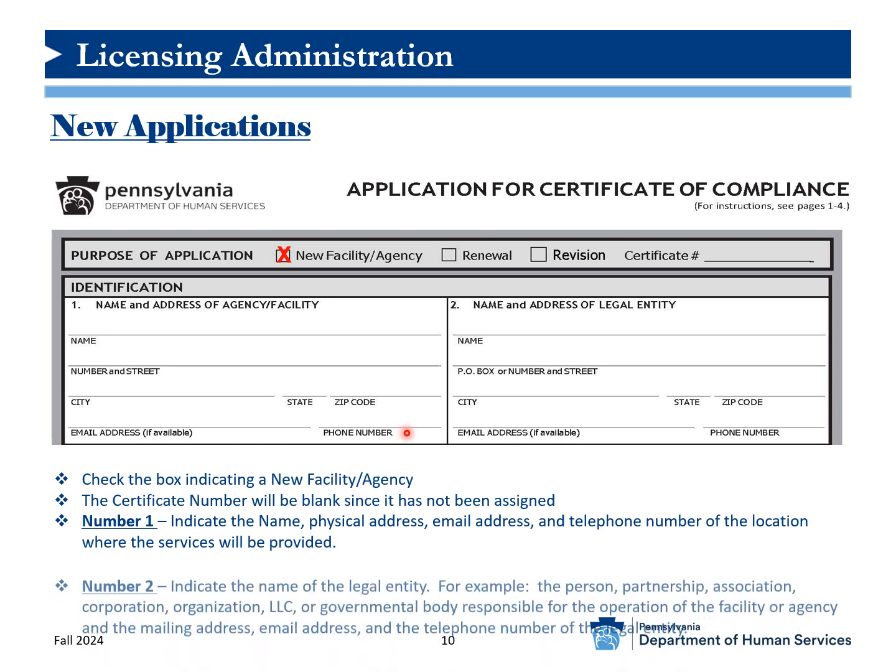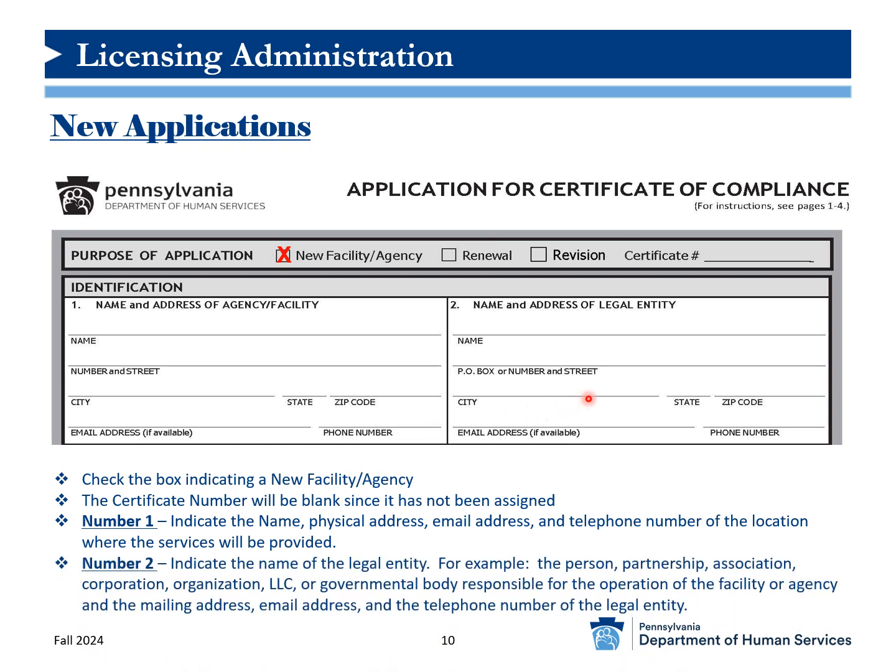Number 2 indicates the information for the legal entity. So you complete the name of the legal entity. For example, this would be the person who owns it as an individual.